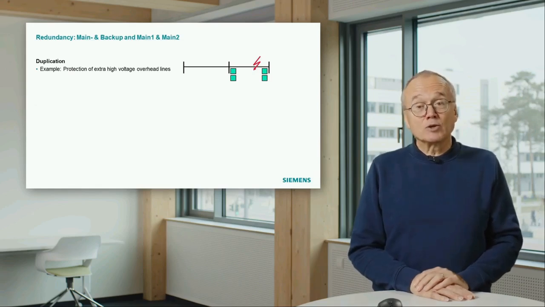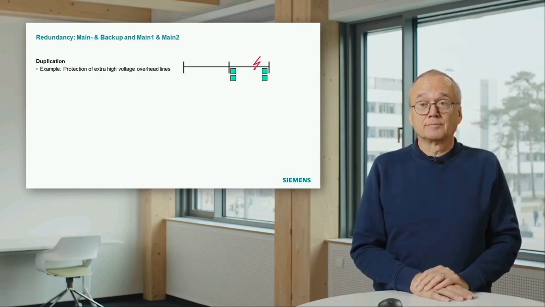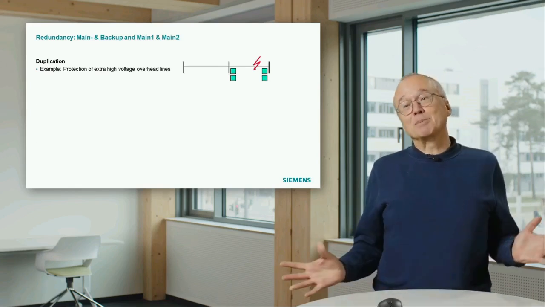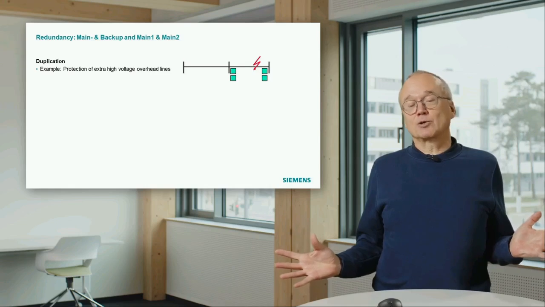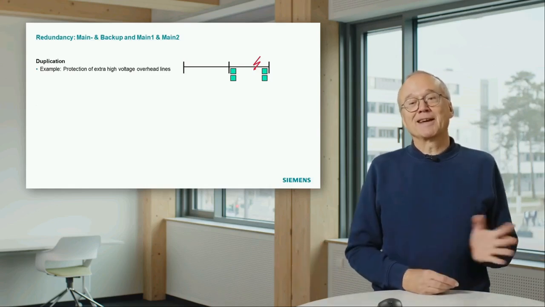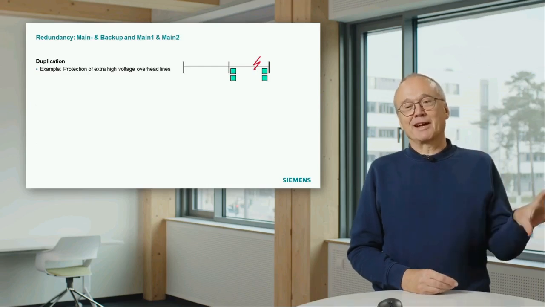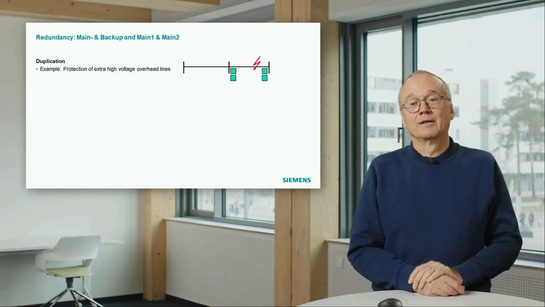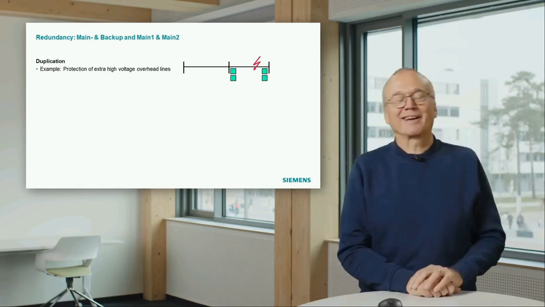This can be two identical relays, for instance, two distance relays. Some people say, I don't trust a manufacturer, I take two manufacturers. In the early days, people said, I have one digital relay and one old-fashioned one, electronic or even electromechanical.